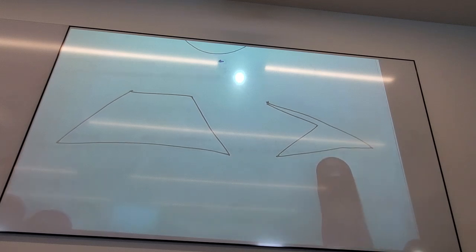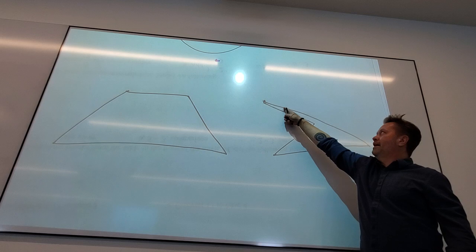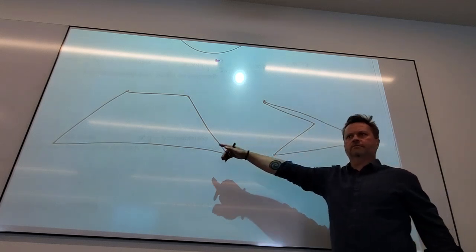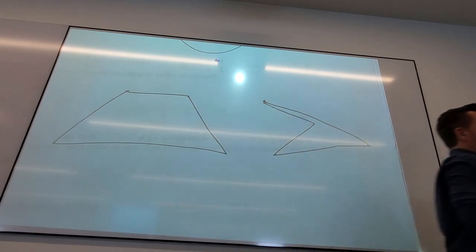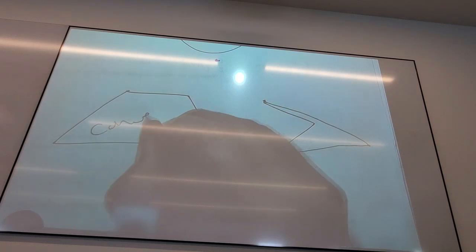Is that concave or convex? This guy's concave, it just caves in. I can see 2 points that connect and go outside. So what's this one? Convex, yeah. Convex, concave.